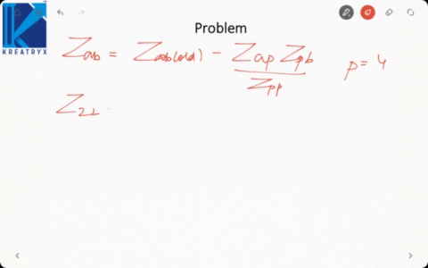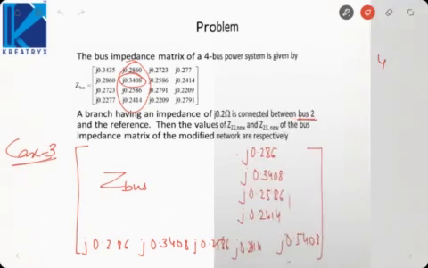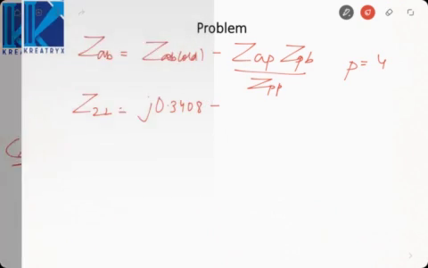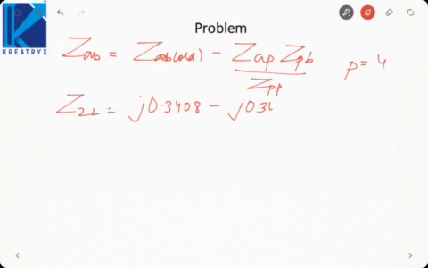So Z22 will be equal to Z22 old, that is j0.3408 minus Z25, that is 0.3408, times Z52, which is also 0.3408, divided by Z55, the last element, that is j0.5408. How much will this come out to be? 0.3408 minus 0.3408 squared divided by 0.5408. So it is j0.1260.